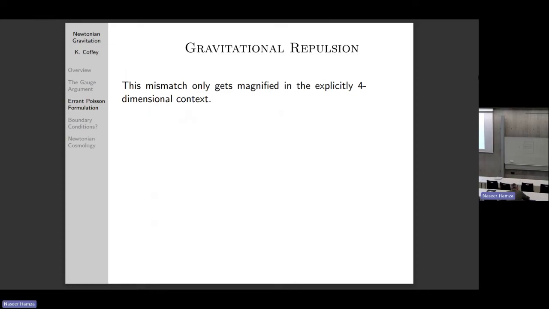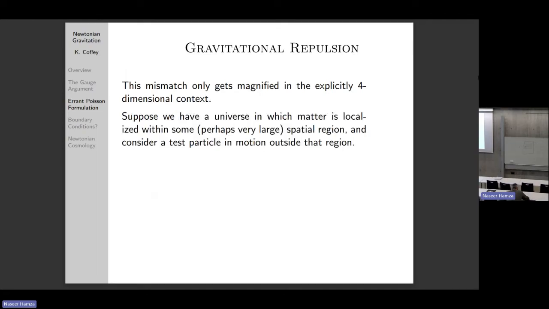And the idea is this mismatch between what counts as a P model and what counts as an F model only gets magnified when we move to an explicitly four-dimensional context. So here the thought is, imagine that we have a universe in which matter is localized in some sort of spatial region, say it's all on that side of the room, and consider a test particle in motion outside that region, say on the other side of the room. Right?